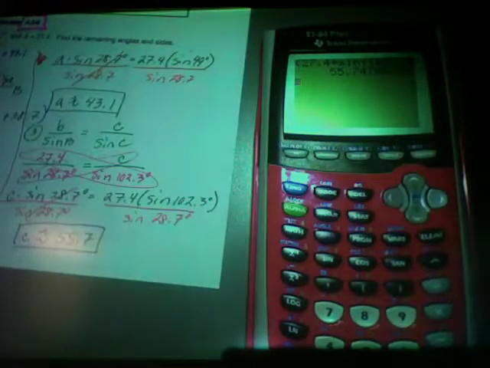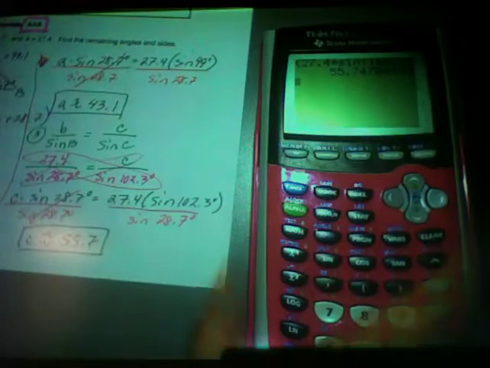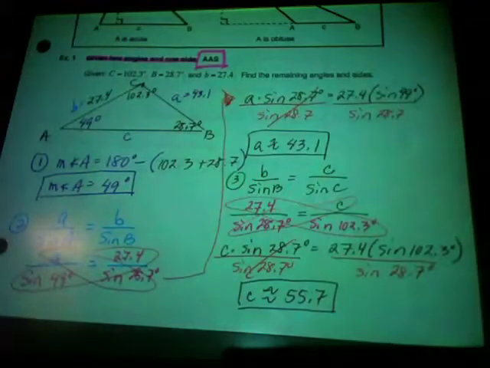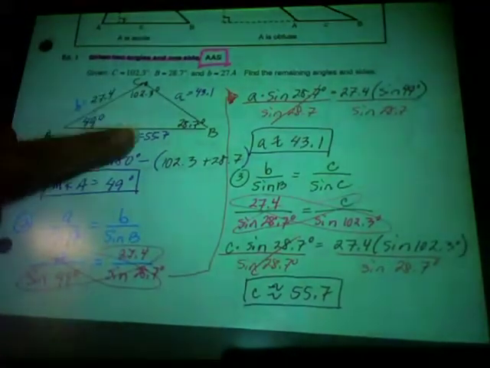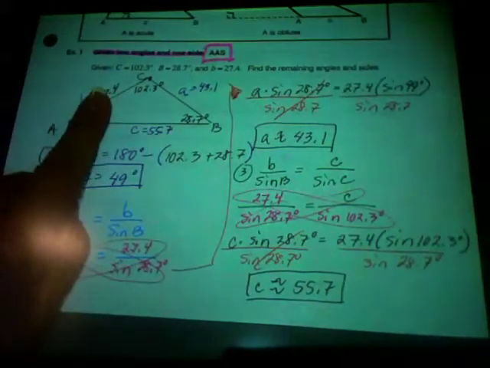So Amber's pointing out the fact that if you look at your picture, which I highly suggest you draw, now that I know that C is 55.7, shouldn't the longest side be across from the largest angle? Is it? And then my smallest angle is 28.7. Is it across from the smallest side? Very good check to use.